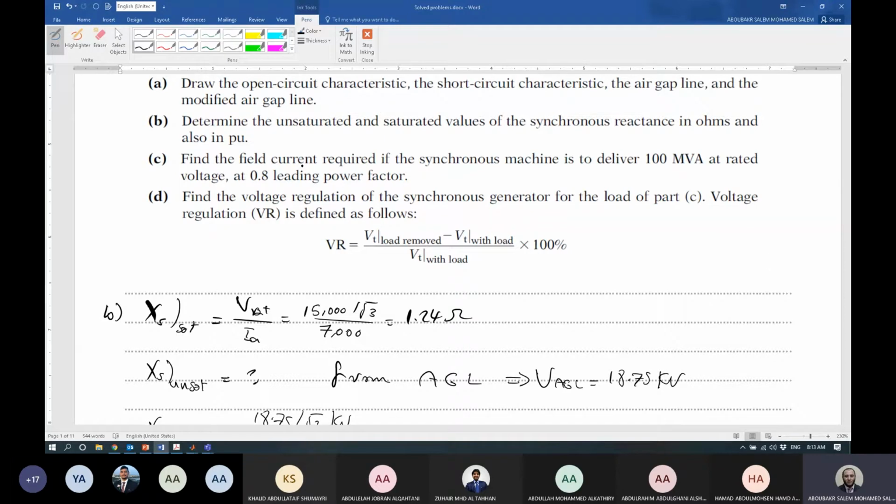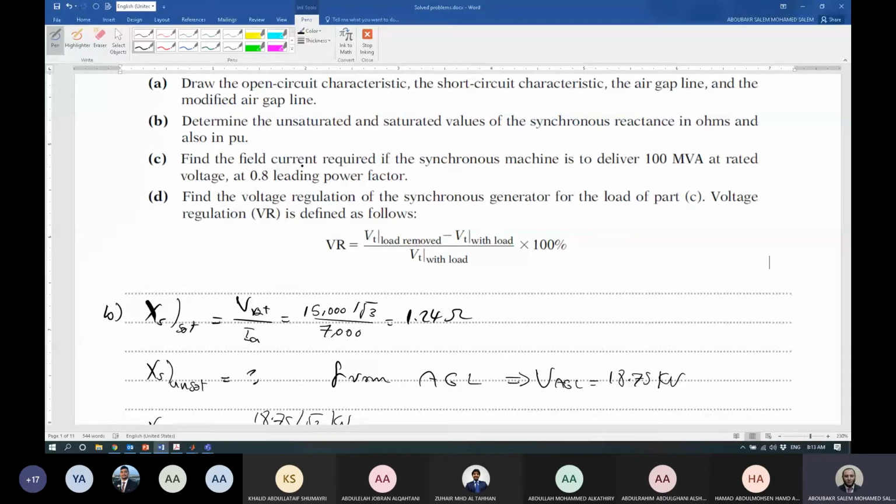So if we need field current, you have to use a curve, okay, the curve between EF and IF. For now, if we would like to calculate the field current due to operation, the machine will be connected to a load, which means it's going to be connected to an infinite bus.